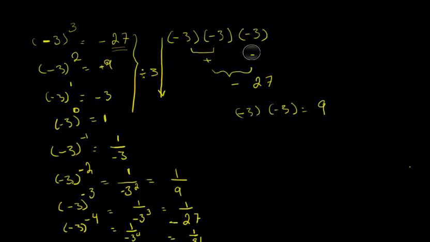So as you see, the pattern is dividing each number by 3 here. If we have a negative base, the same rule is applied. The only difference is the signs that alternate every time, depending on whether we have an odd or even number. Let me clear the board first and then continue with the rules of exponent.